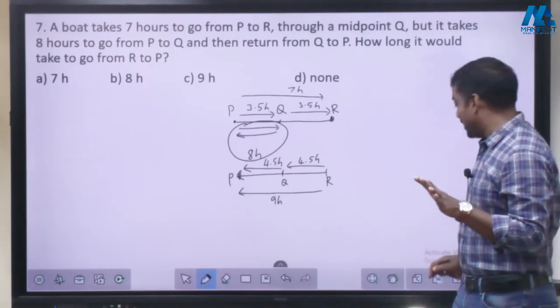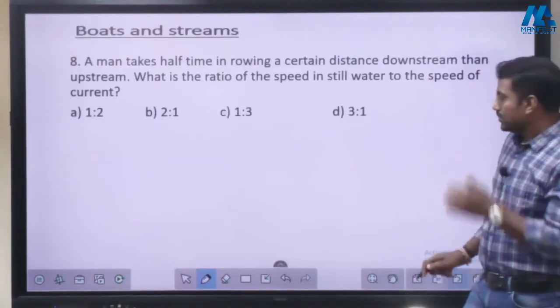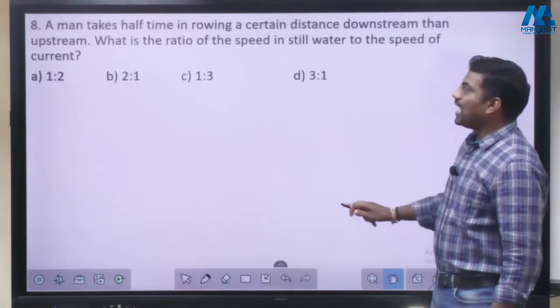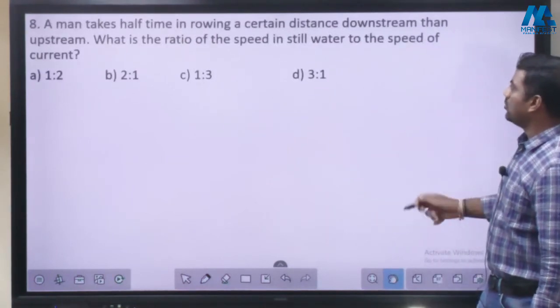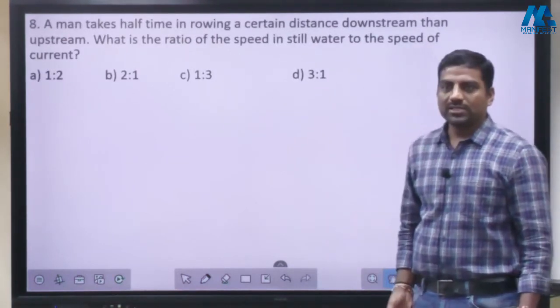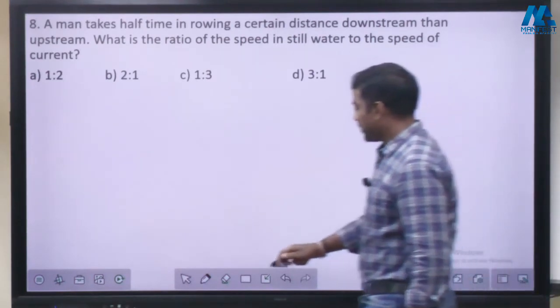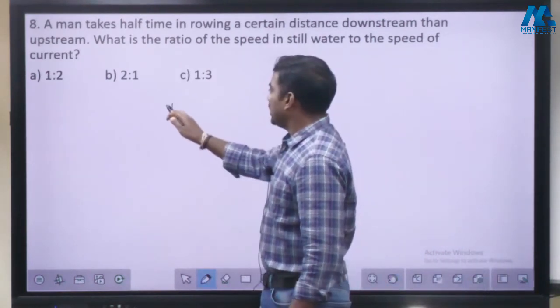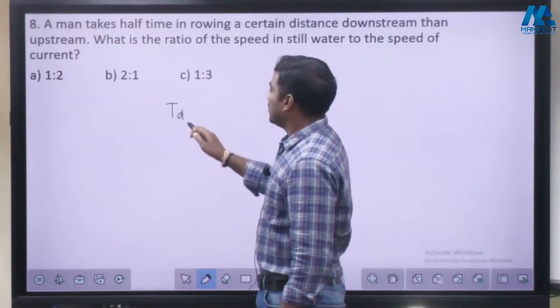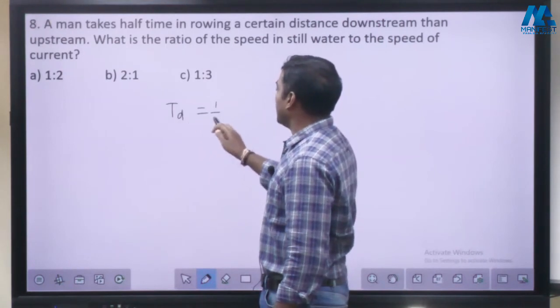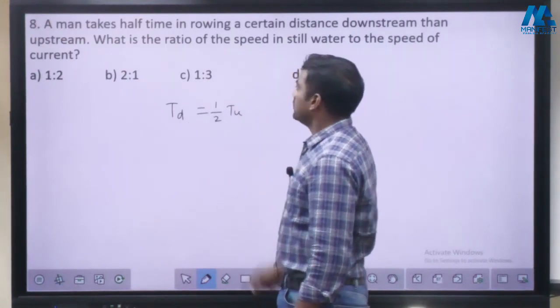Okay. Last problem. A man takes half the time in rowing a certain distance downstream than upstream. What does it mean? Write the equation. Time taken downstream is half the time taken upstream.